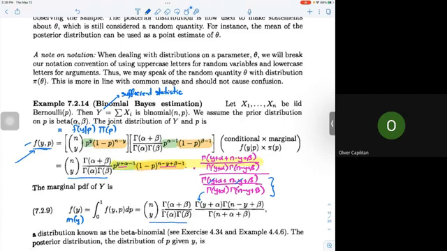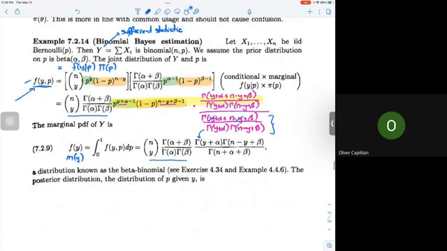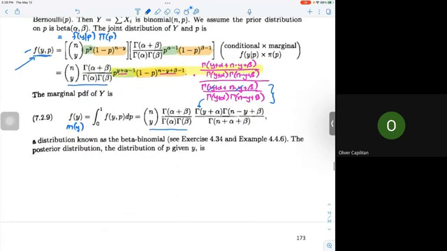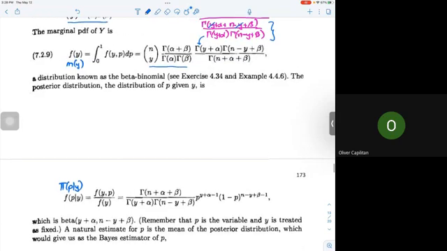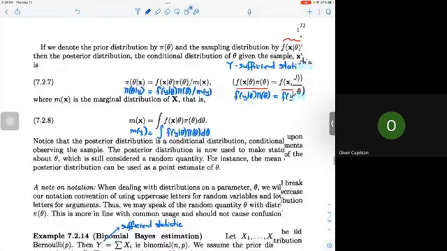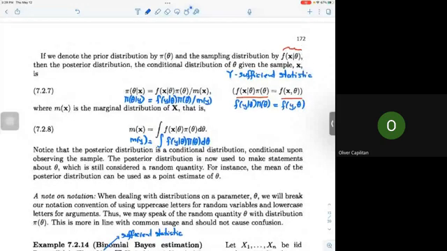And then solving for the posterior distribution of y given p, if we want the posterior, it should be pi of p given what? If we only use consistent notation, because above we use pi of theta.